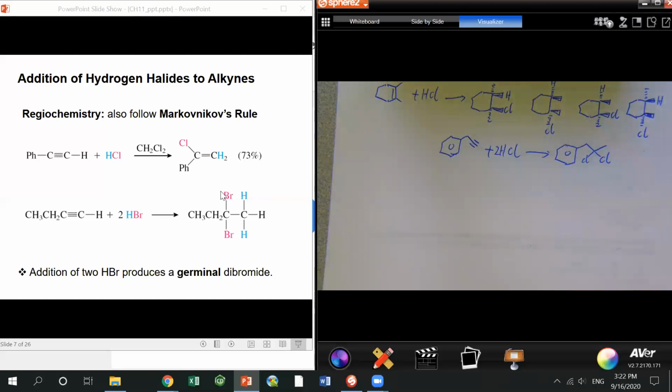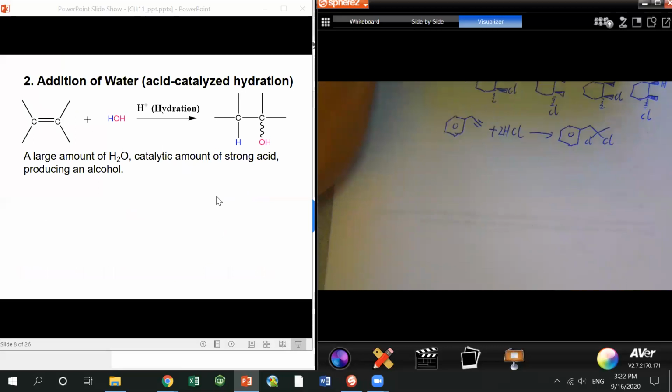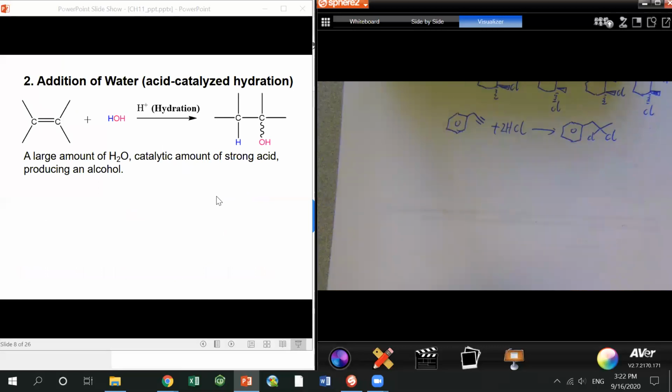All right, that's the second reaction. Then we move to the third reaction, addition of water. For addition of water, there's a special name called acid-catalyzed hydration. Water is a weak nucleophile and weak base, so it cannot directly add to the C=C bond. You have to give it a little bit of help.